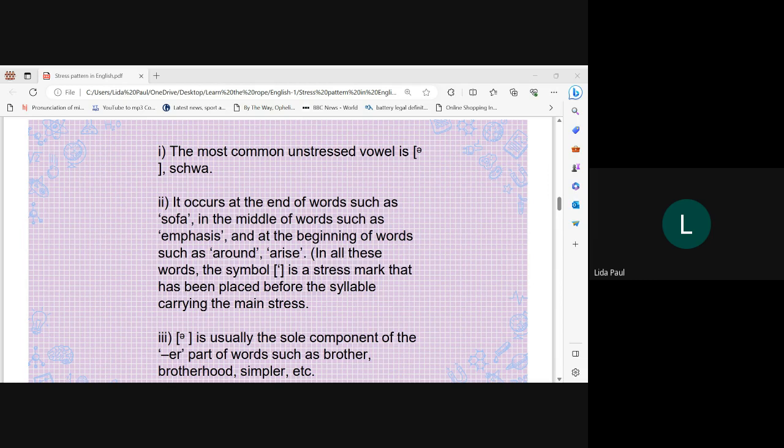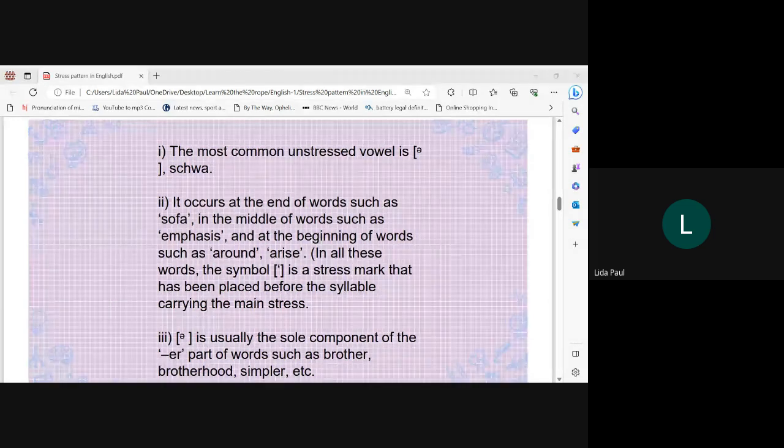The rules that we say, like noun is stressed on the first and adjective is stressed on the second and all that, are basically for people who do not have in-depth knowledge about phonology and phonetics, okay? So in the case of a word like teacher, the reason it is stressed on the first syllable is actually that the second syllable has a schwa.